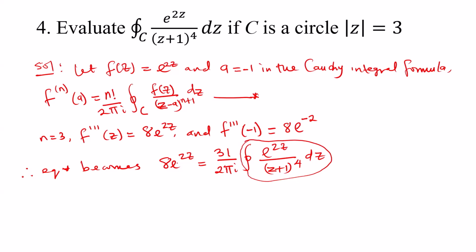So if we make this the subject of formula, we have that the integral of exponential 2z over (z plus 1) raised to the power 4 dz is equal to 8 pi i exponential -2 over 3 factorial.